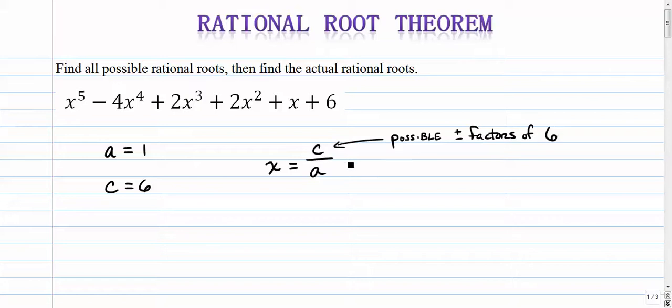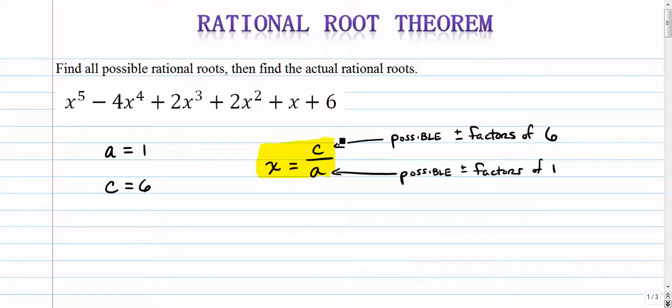And a is the same thing: the possible positive and negative factors of 1. This is kind of what you want to memorize. This is how you compile your list. But keep in mind that it's not quite as simple as just saying 6 divided by 1. It's not that easy. So here we go.